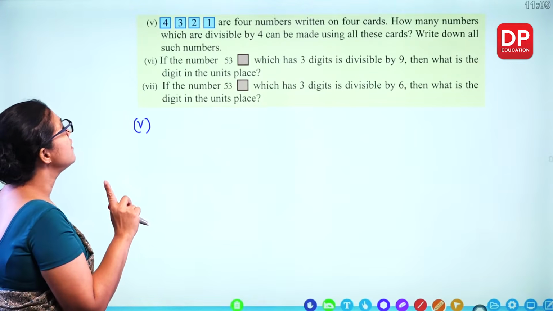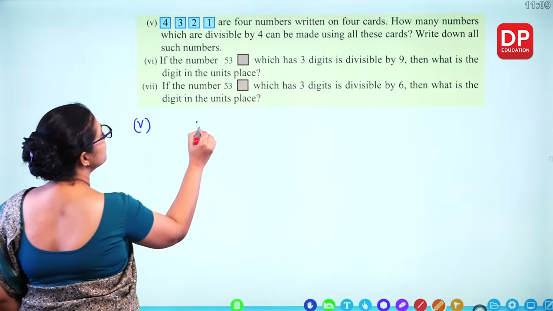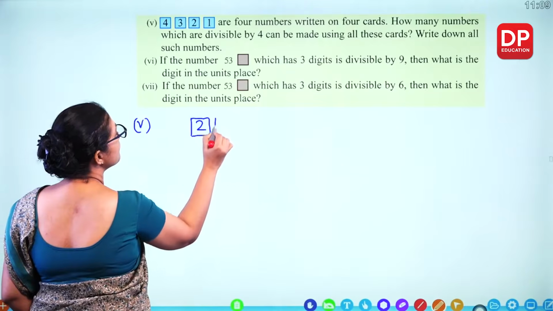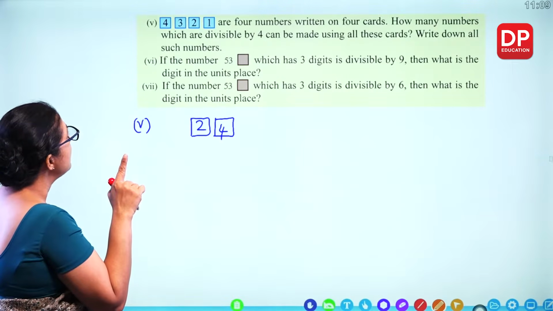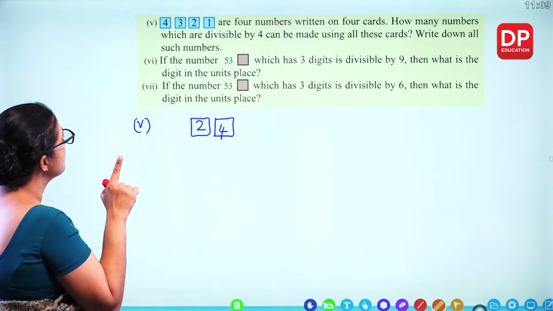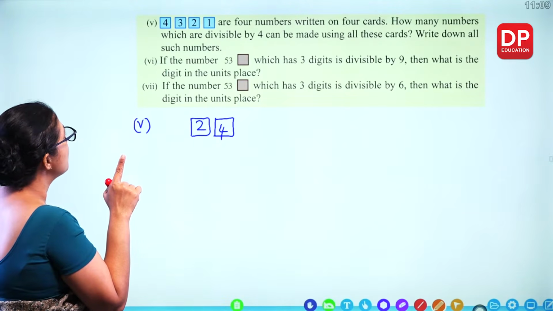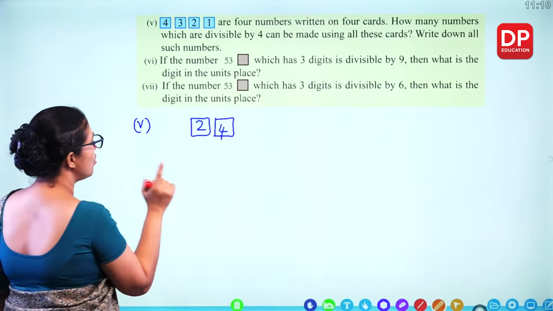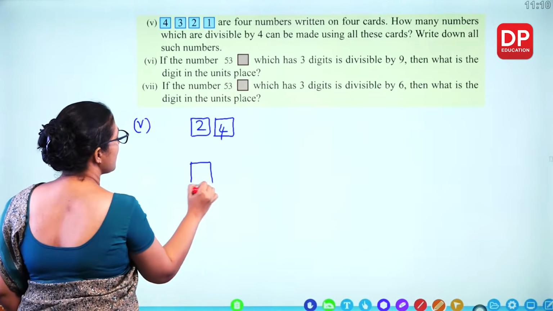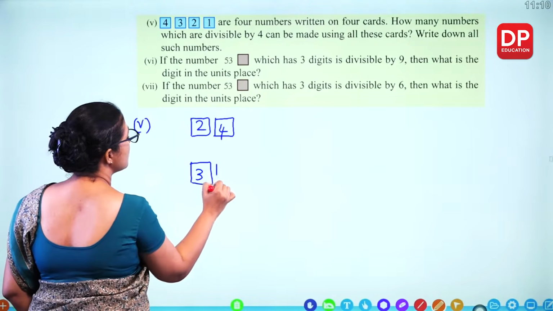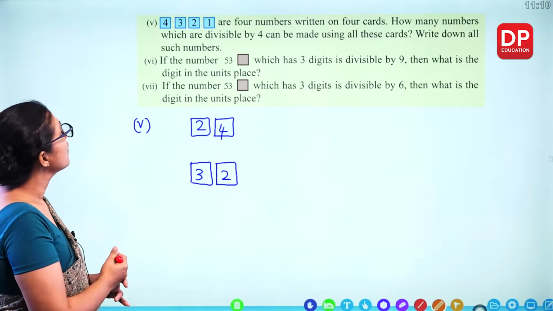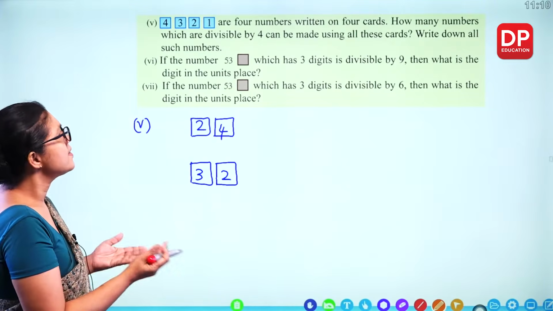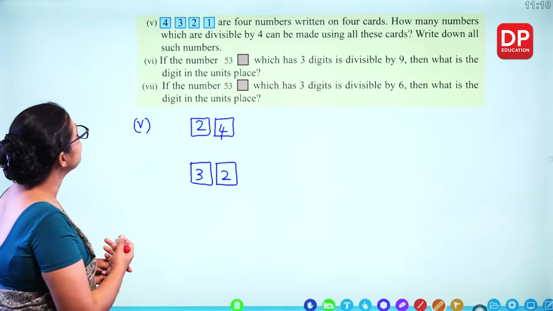So other way around, 24 possible. Then what are the other numbers? 34 can't, 32 also possible. Last two digits either 24 or 32.